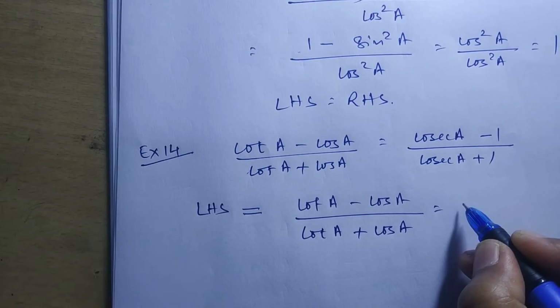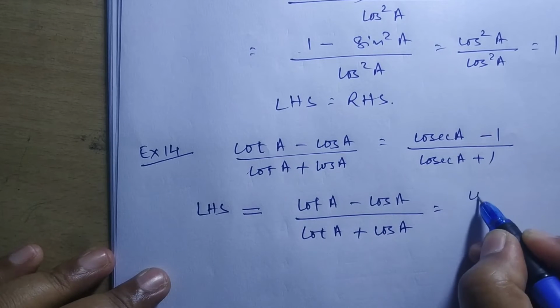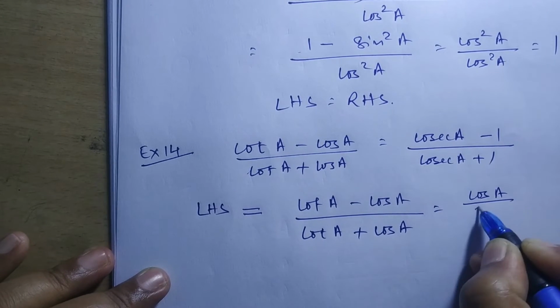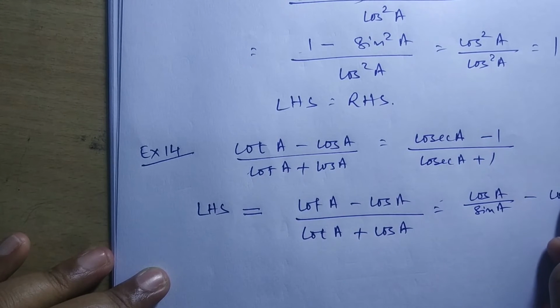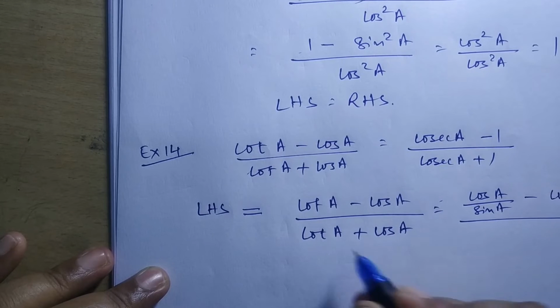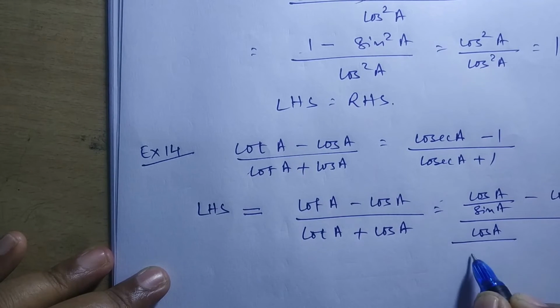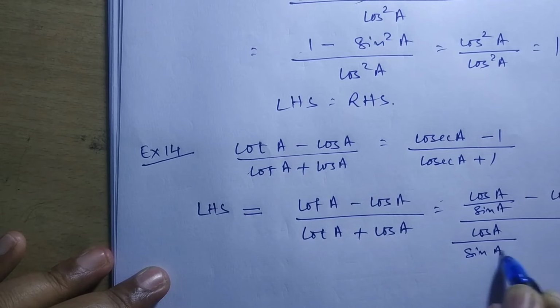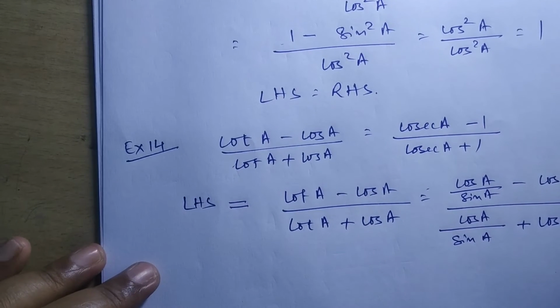Cot A is the reciprocal of tan. I am reminding you every time. So it is cos A by sin A. This is cot A minus cos A by, here instead of cot A I am writing cos A by sin A plus cos A. Fine.